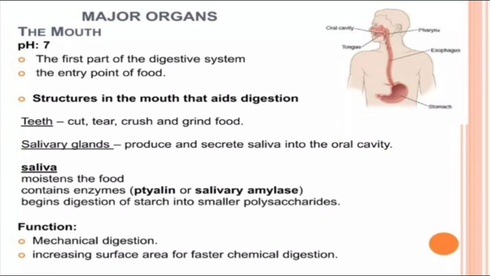Salivary glands help to produce and secrete saliva. It contains an enzyme called ptyalin and salivary amylase. It helps in digestion of starch from the mouth into smaller polysaccharides. Function: mechanical digestion, increasing surface area for faster chemical digestion.